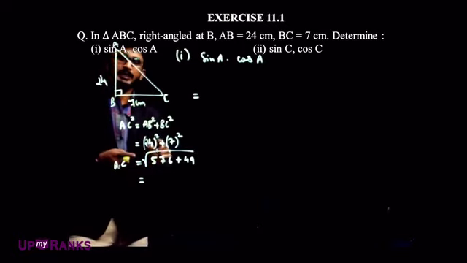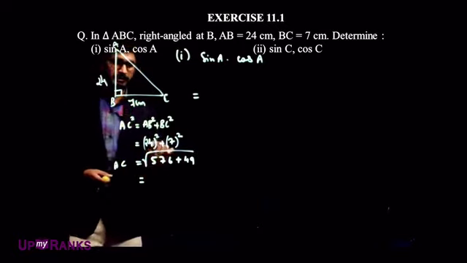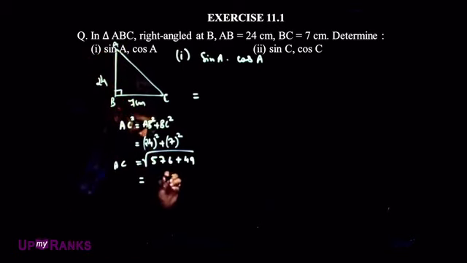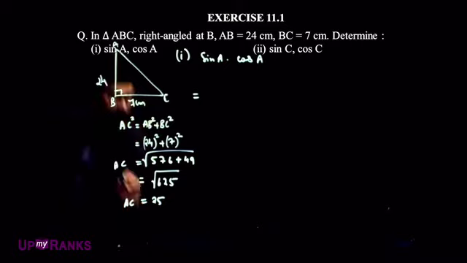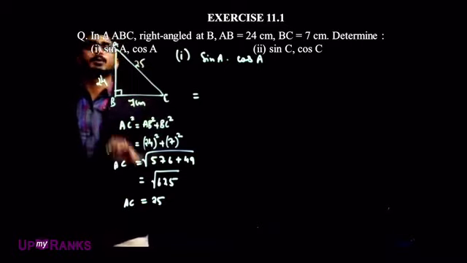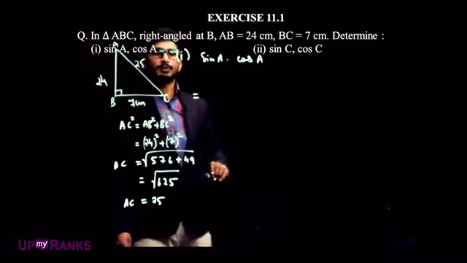So I get 576 plus 49. 6 plus 9, 15, 1. 7 plus 4, 11 plus 1, 12, 1. So which is 625, and the square root of 625 is 25. Therefore AC is 25.